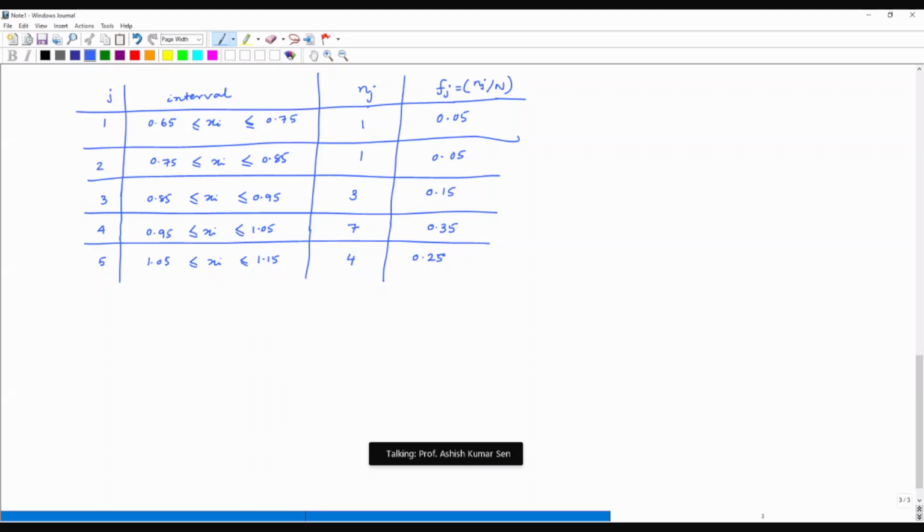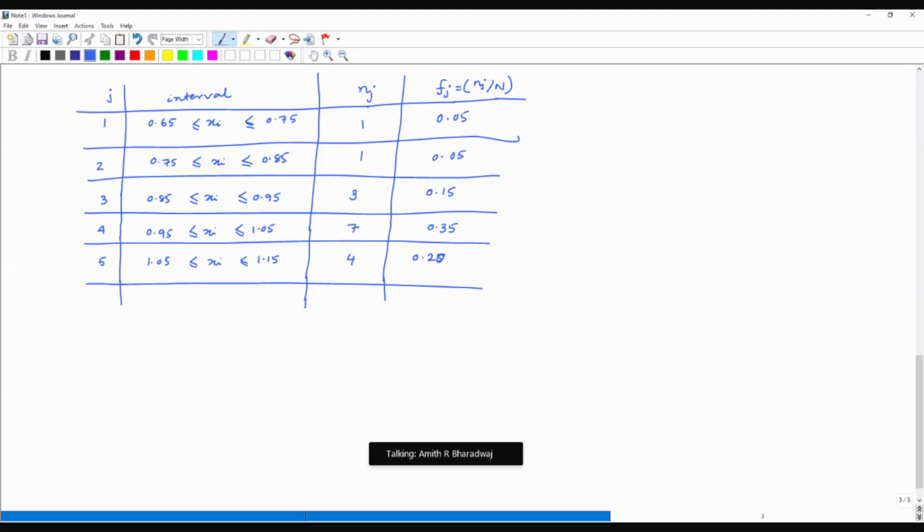Sir, I have a question. When we are considering these data intervals, in the first interval we say 0.95 less than or equal to xi less than or equal to 1.05, and in this one as well we say 1.05 less than or equal to.